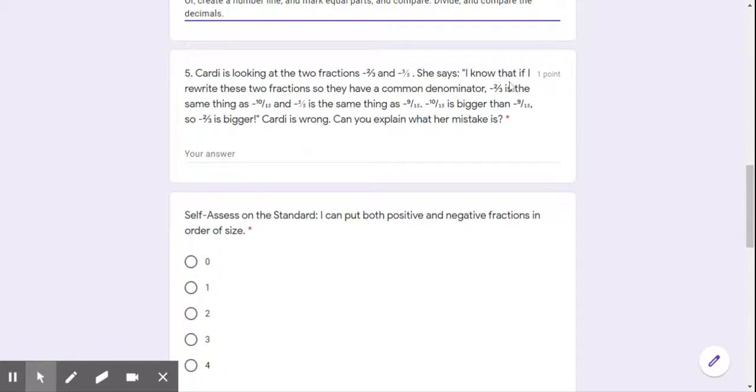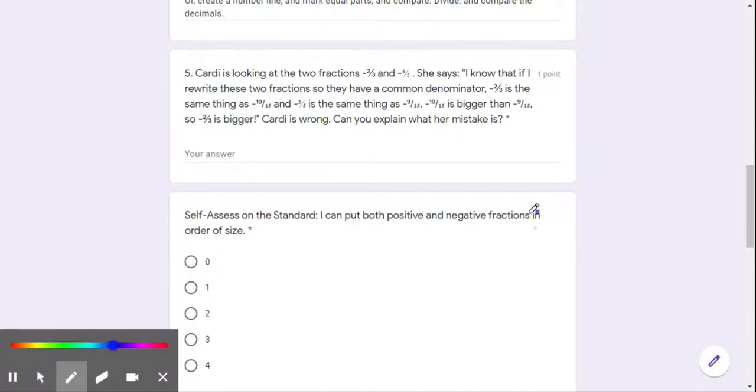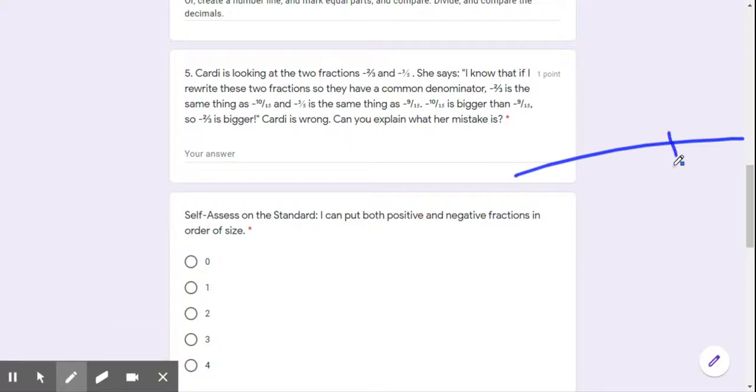That's where she's wrong. Remember, if we think about a number line, and here's 0, and here's -1, -10/15 is going to be closer to -1 than -9/15. -9/15 is going to be closer to 0.